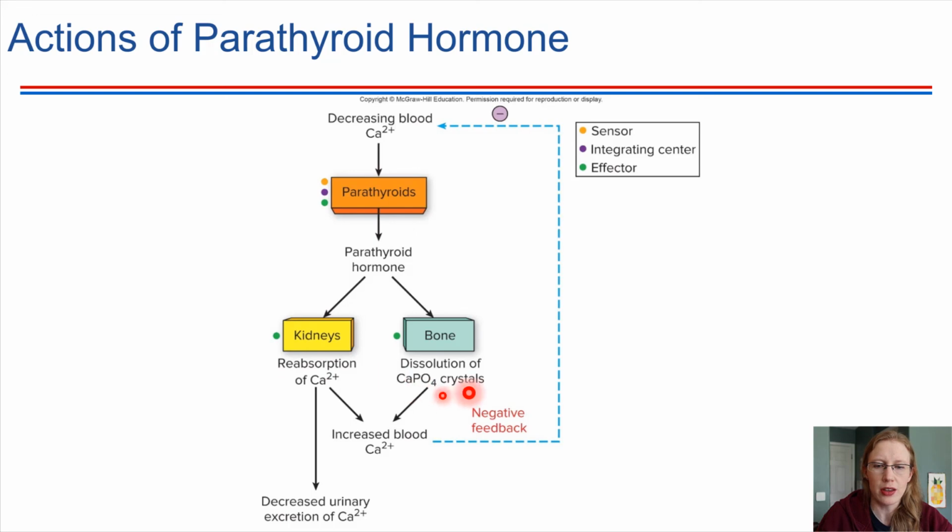The other major thing it does is act on bone, and it can cause the bone to start to dissolve, essentially. It dissolves some of those calcium crystals in the bone so that the calcium levels in the blood can be maintained. So that is basically what the parathyroid gland does.